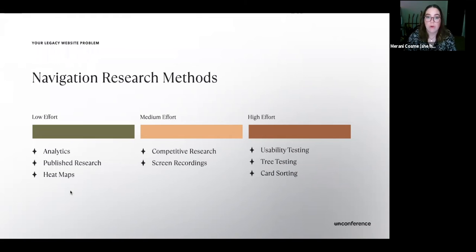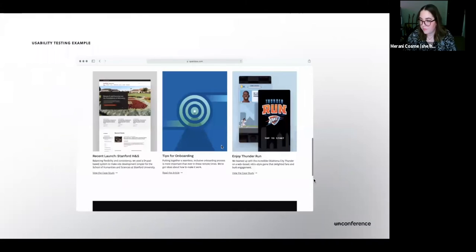And lastly, for our high level of effort, I have 3 UX research methods. If you're brand new to UX, these are probably going to take you some time to learn and master, which is why I have them in this column. First up, we have usability testing, which is the process of gathering users and giving them a set of tasks to test out your product or experience.